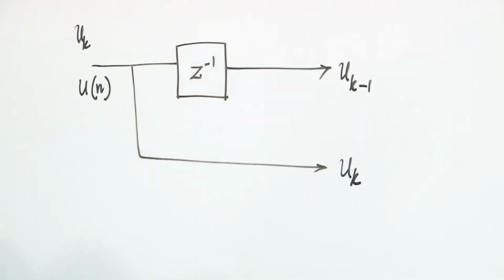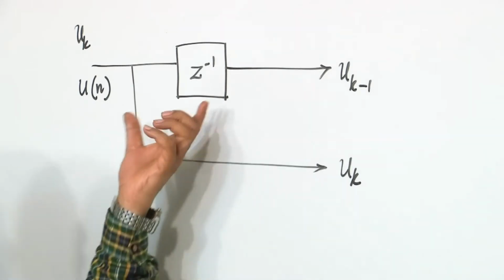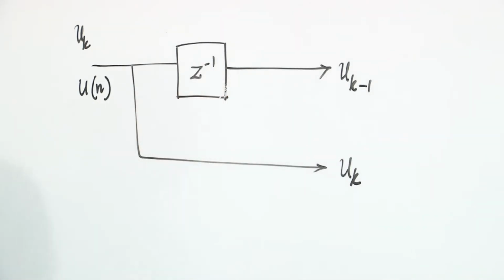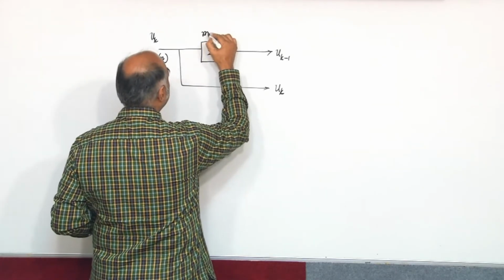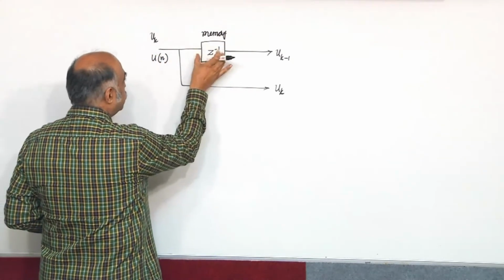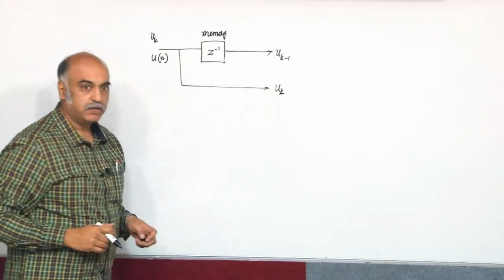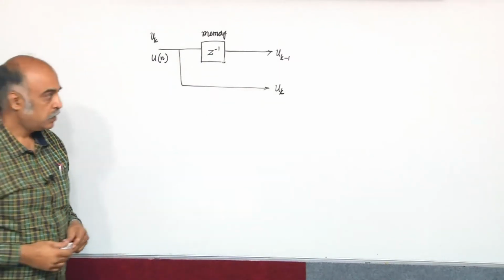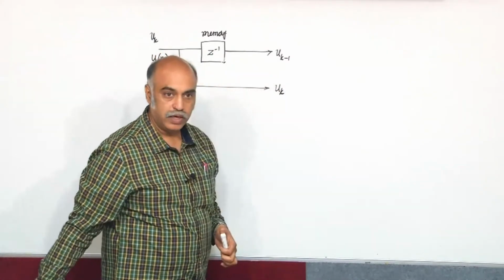What does it mean in a physical sense here? If you put in a microcontroller, from one of the ports I am taking an input stream, some signal stream, I am sampling and taking it, and then I am passing it through one memory block. Let us say I have a memory. I take that, store it here, and then also pass it into one more output port. So at this output port I am getting u(k minus 1).